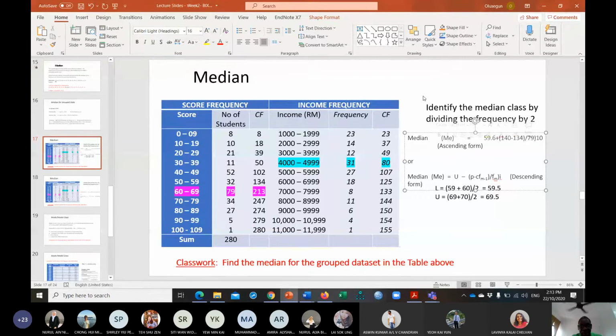Anyone could do that to confirm, please. This is 140 minus 134, times 10, divided by 79, plus 59.5.